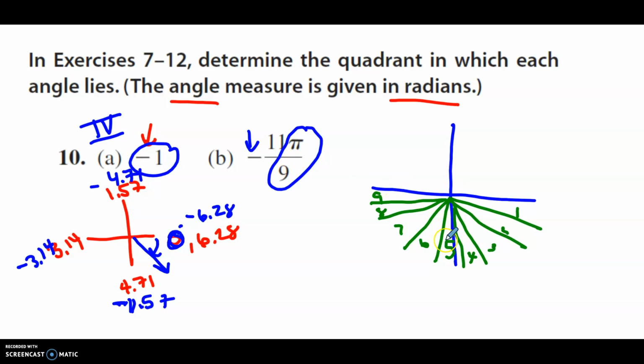So I want to think, okay, each quadrant is containing 4 and a little bit more, right? So if I want to get to 11, I'm definitely going to have 11 in here because here's 10 and here's 11, and I could continue this to 18, but no need. I've gotten my answer. I'm in the second quadrant. This is negative 11 pi over 9.